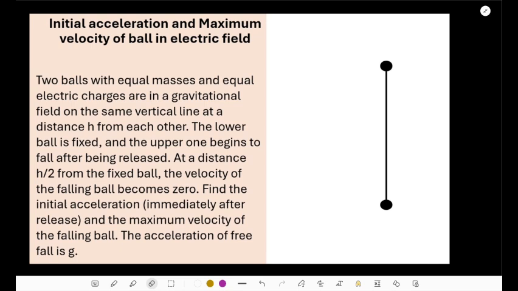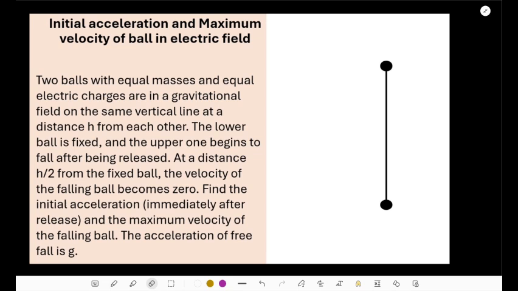The problem reads: two balls with equal masses and equal electric charges, I'm going to assume positive, in a gravitational field on the same vertical line at a distance h from each other.